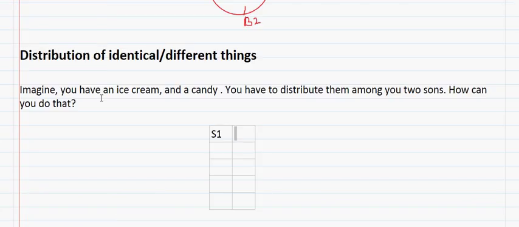So if we have S1 and S2, the first arrangement is S1 gets AB, S2 gets nothing. Another one can be S1 gets nothing and S2 gets AB, right? So the number of ways are 4, right?